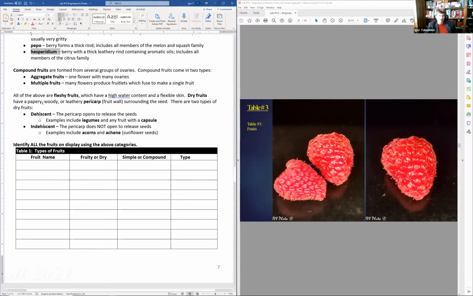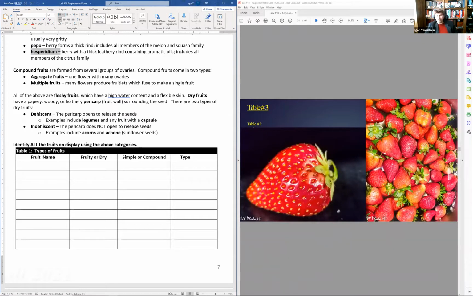So multiple ovaries is known as the aggregate. Raspberry is one of those good examples. Strawberry can also be considered that. Again, it's a little more complex than that, but we'll keep it simple for simplicity's sake. It's not simple, it's fleshy and it's an aggregate.